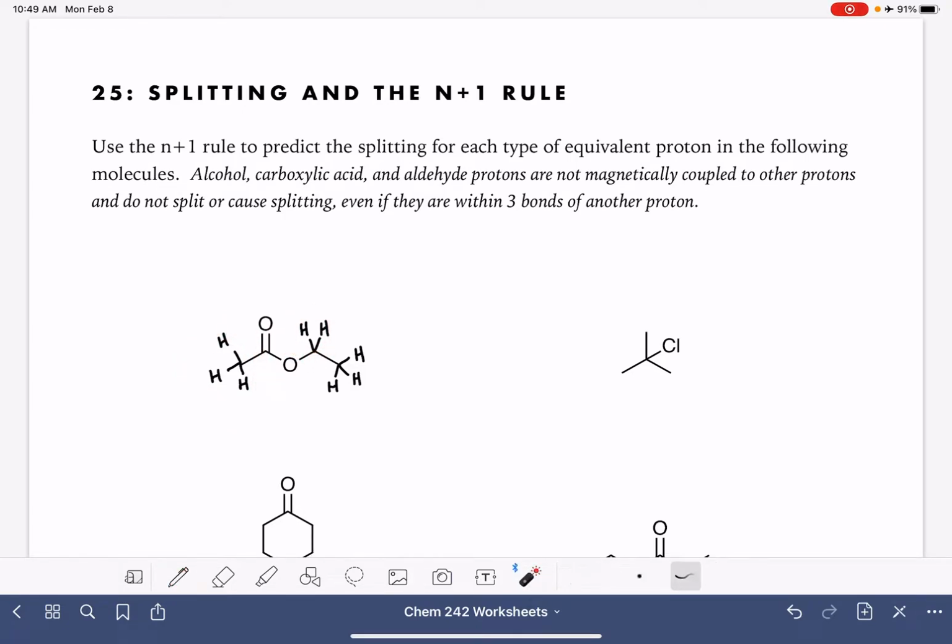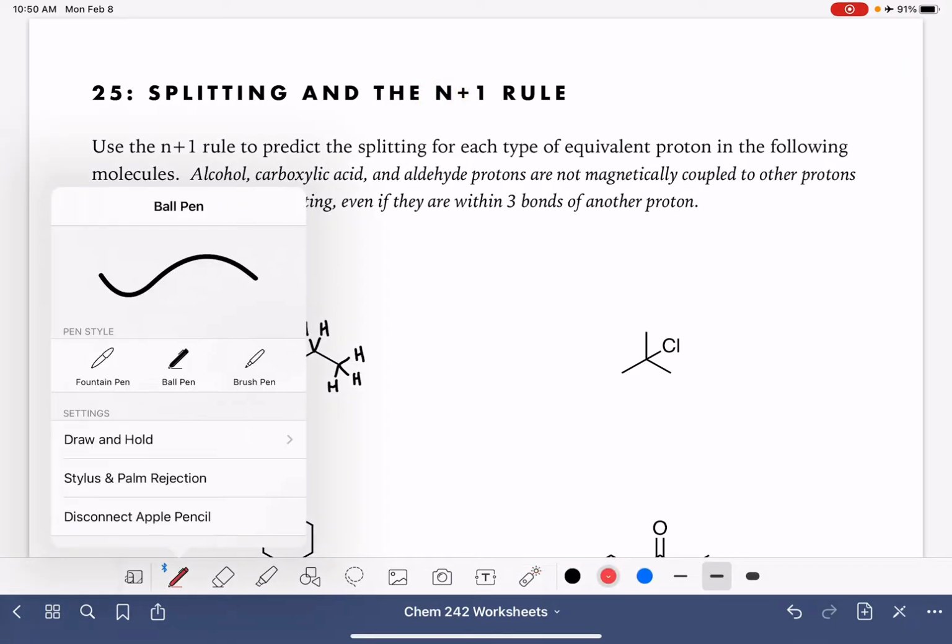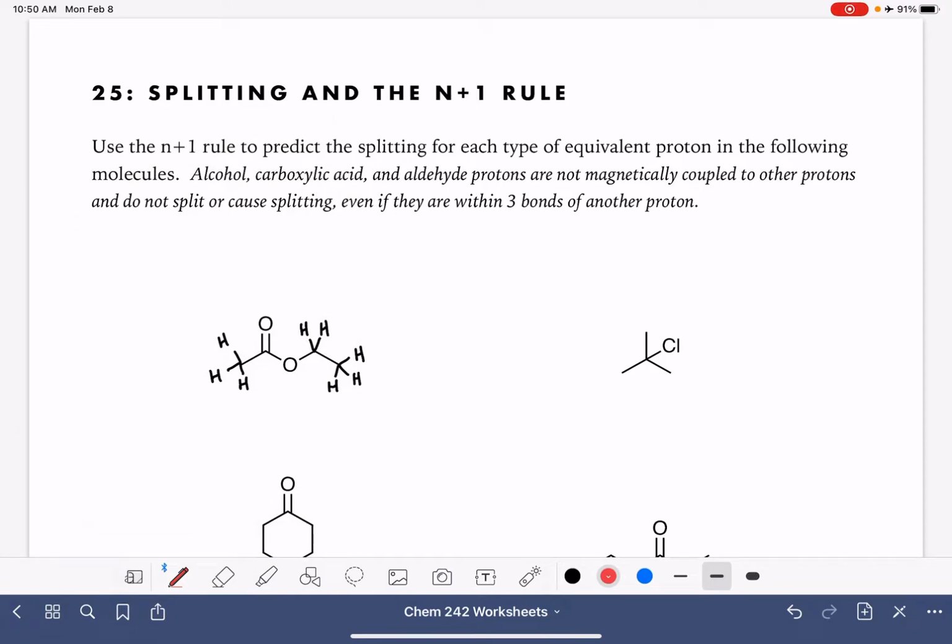There are 0 hydrogen atoms that are within 3 bonds. Using the n+1 rule, 0 plus 1, it's not split at all. This is just going to be a singlet. This n right here represents the number of hydrogen atoms that are within 3 bonds.